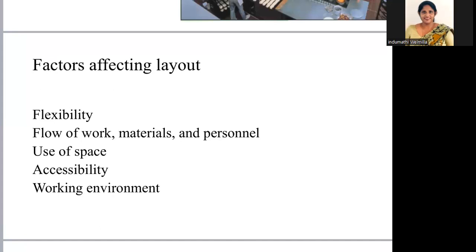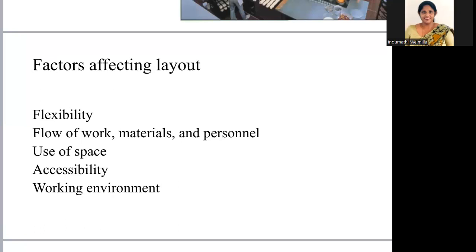Do not have a power point located behind the machine, as it may become inaccessible in case it has to be repaired or replaced. Those may be very small things, right? But when we are planning and preparing our layout, those things we have to consider very clearly, right?